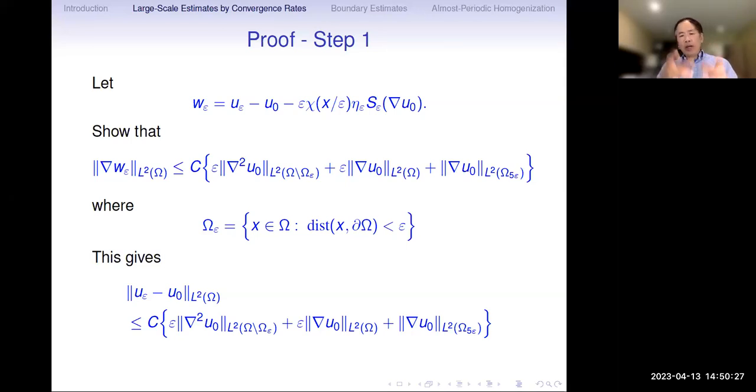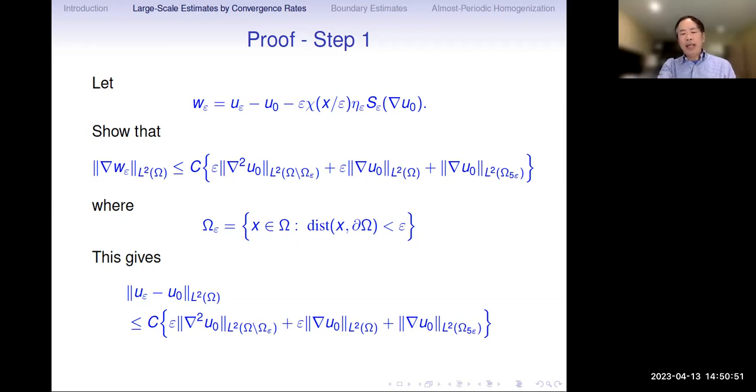And then you plug this function into the equation for L epsilon. And so we're able to prove something like this. So on the right-hand side, there's a second derivative of U0, but it gets multiplied by epsilon. Then there's a first order term times epsilon.